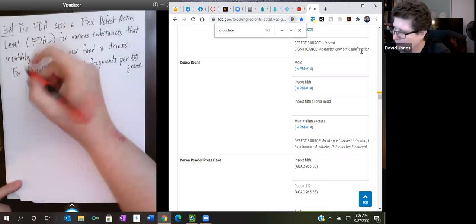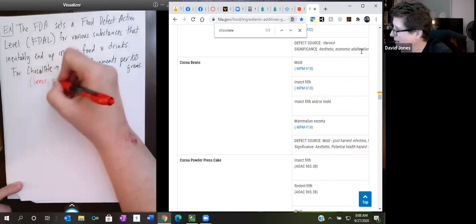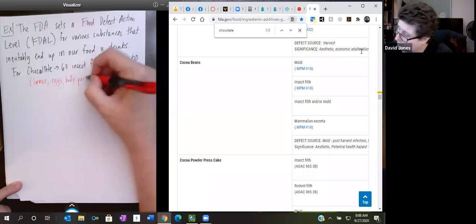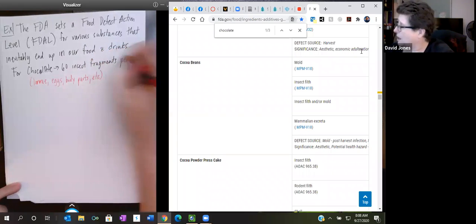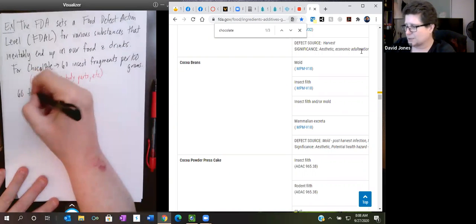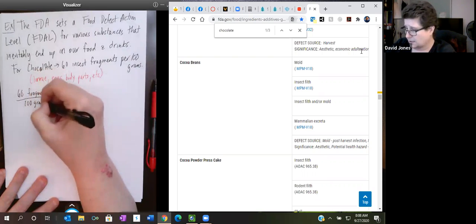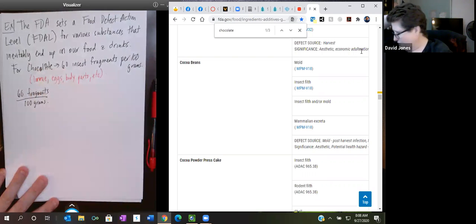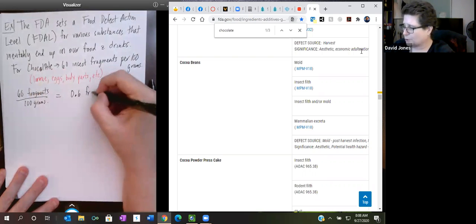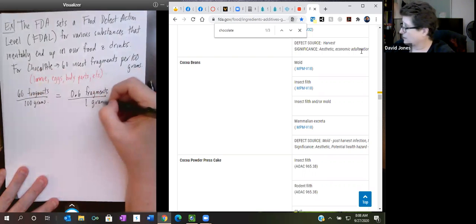And fragments include things like larvae, eggs, body parts, stuff like that. And if I convert that down, 60 fragments per 100 grams, if I do that division, 60 divided by 100, this is 0.6 fragments per 1 gram. All right.